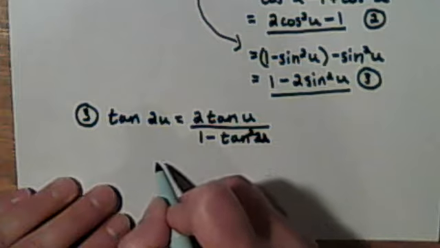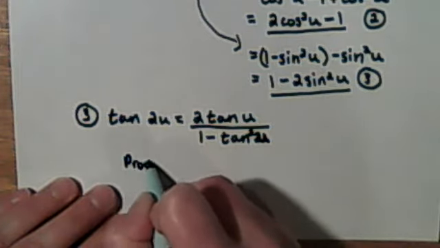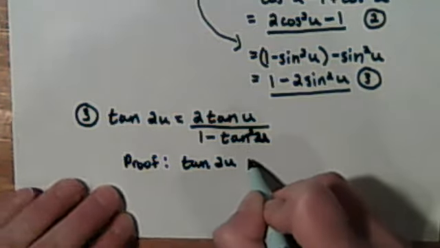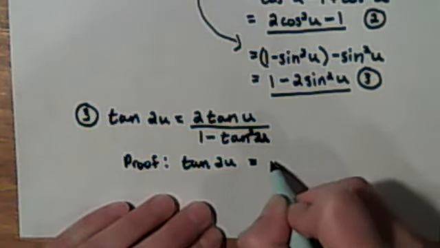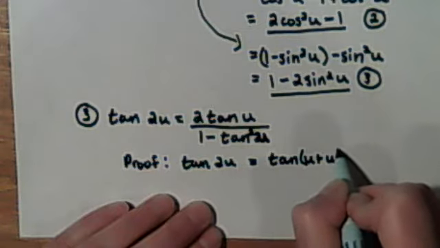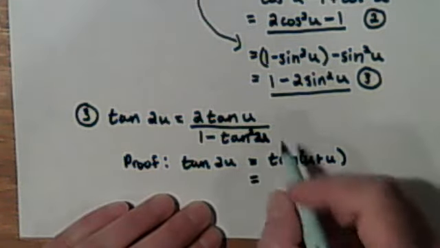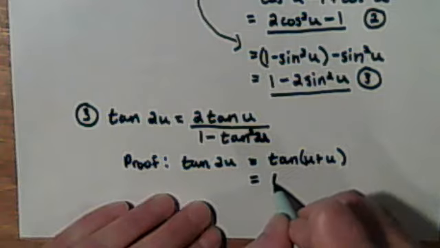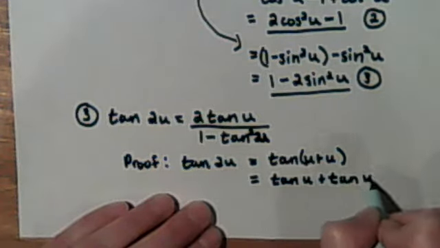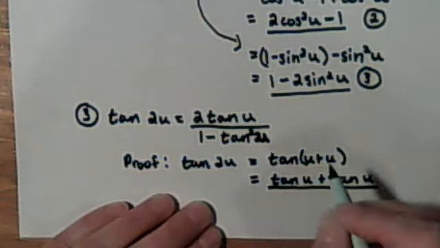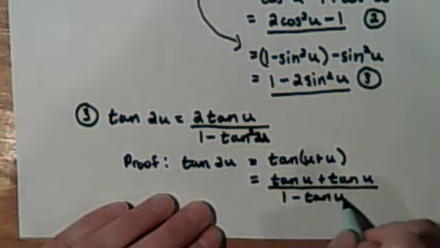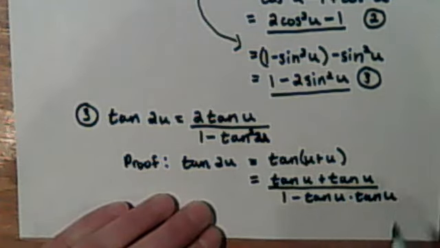So remember with the tangent of 2u, if I look at it as tangent of u plus u, I end up with tangent of u plus tangent of u over 1 minus tangent u times tangent u.